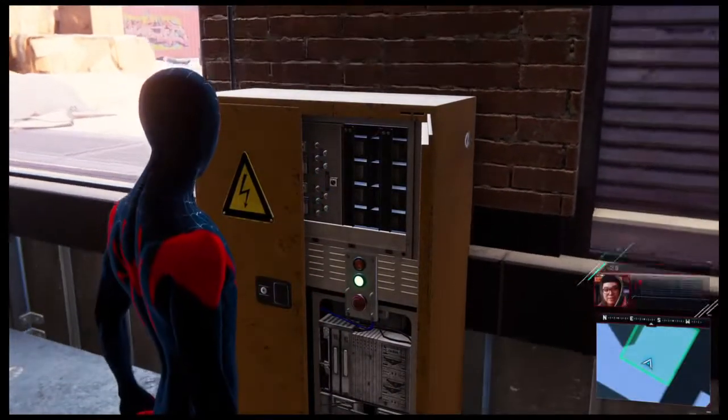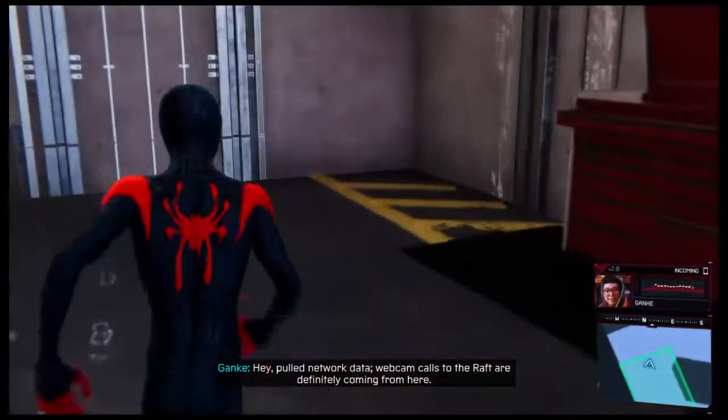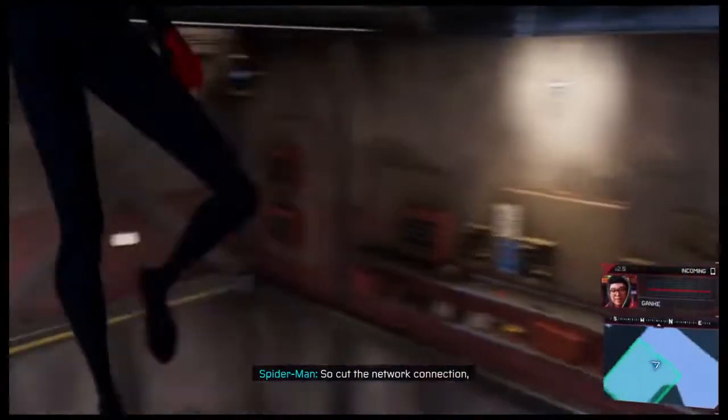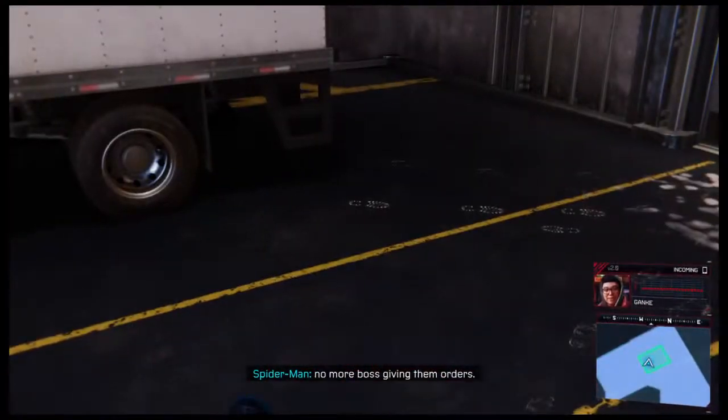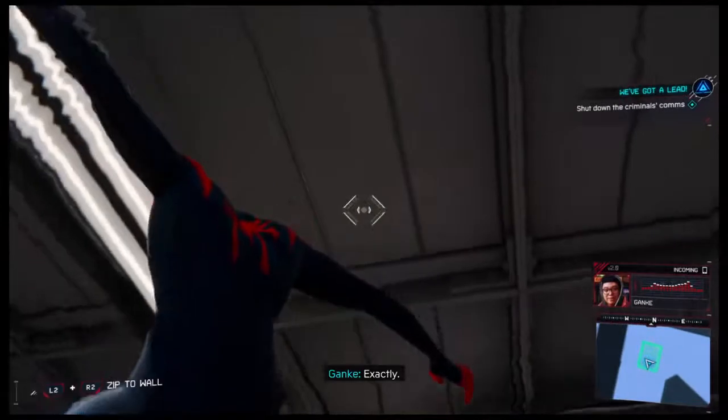Coming out of here. Hey, pulled network data. Webcam calls to the raft are definitely coming from here. So cut the network connection, brick the computer, no more boss giving them orders. Exactly.